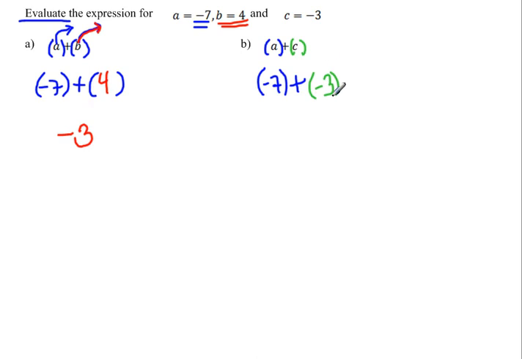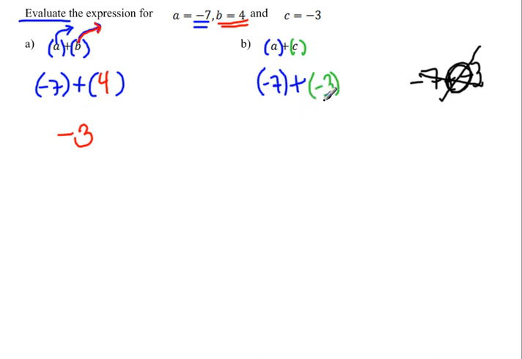If I didn't have this parenthesis around the -3, I'd have something like -7 plus -3. And with no parentheses, it's a little confusing what's going on with these double operation signs. So that's why we want to keep these guys in parentheses.